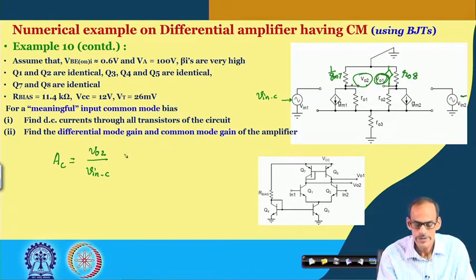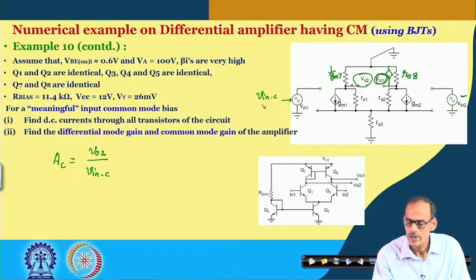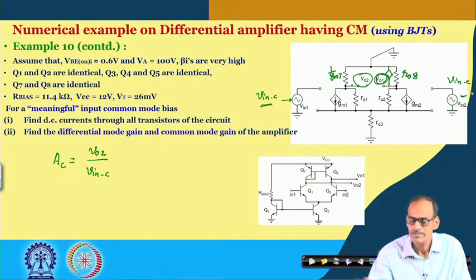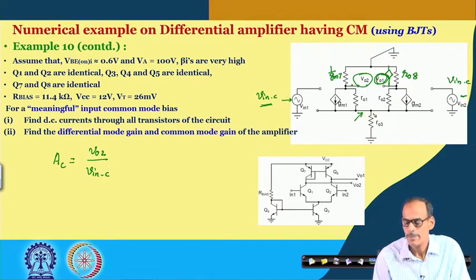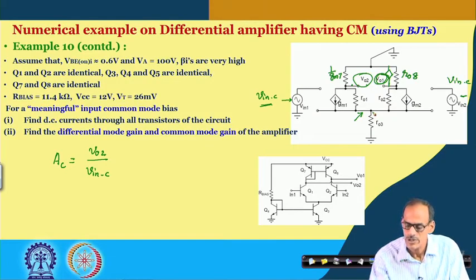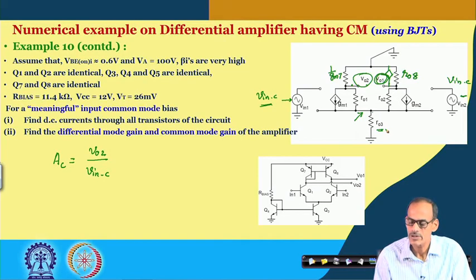And in this circuit, since we are applying the same voltage here and here, V in C with the same polarity, in that case this node, of course, remains high impedance, or rather I should say a degenerated node. So, we do have this resistor remaining there, and it is degenerating the circuit.